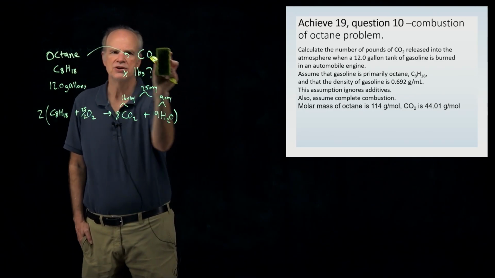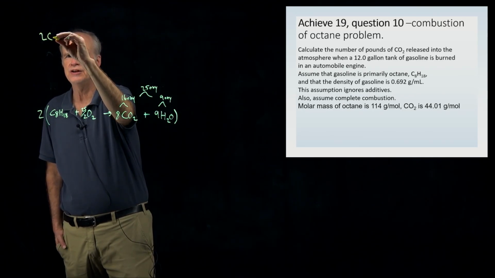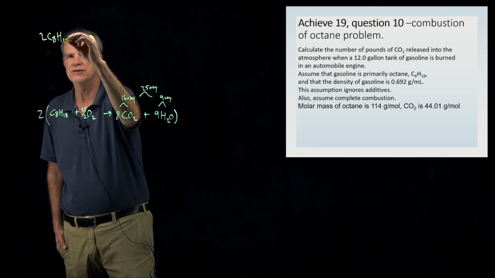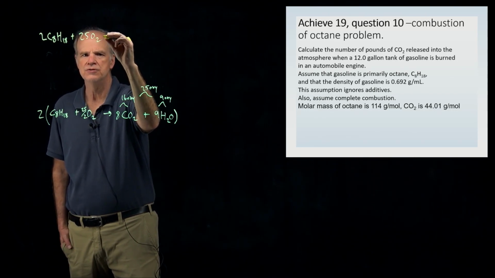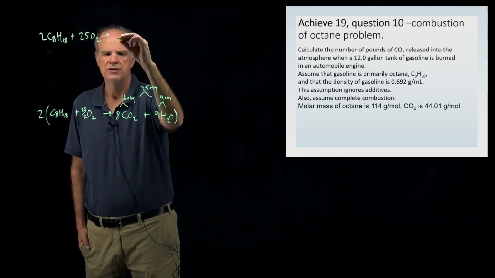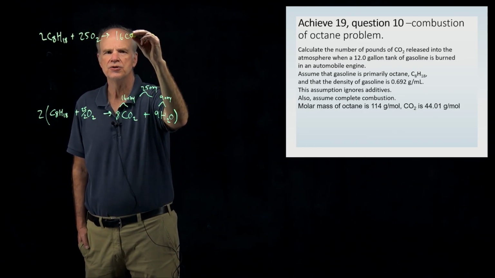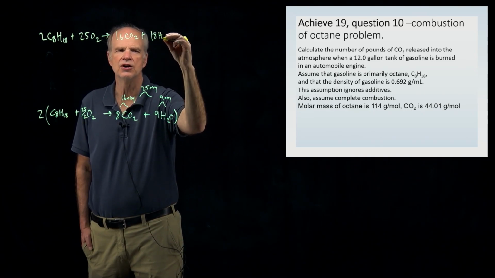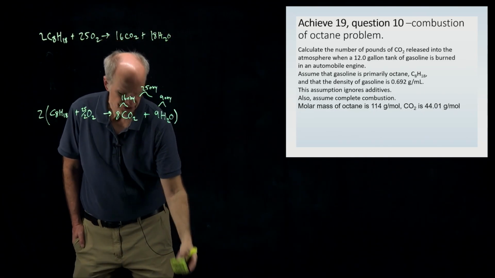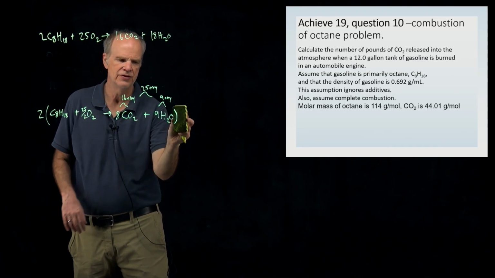I'm going to write it up here. 2C8H18 plus 25O2 gives you 16 CO2 plus 18 H2O. Okay, so now we have a balanced equation.